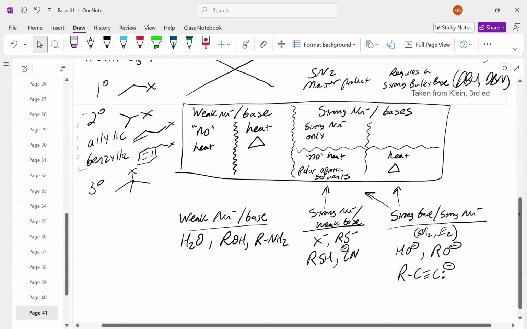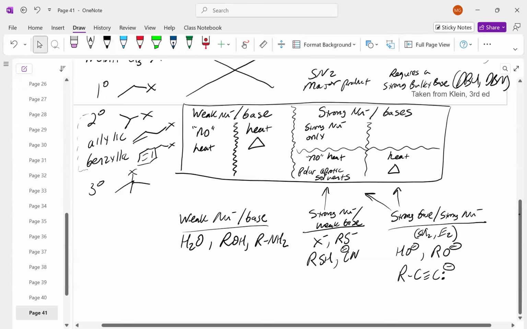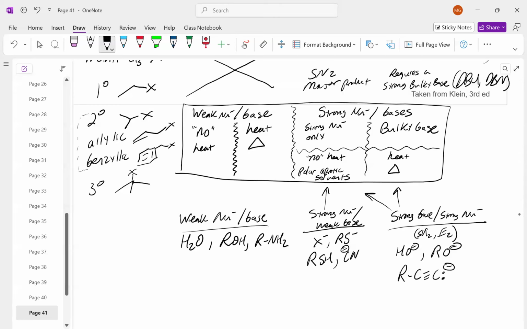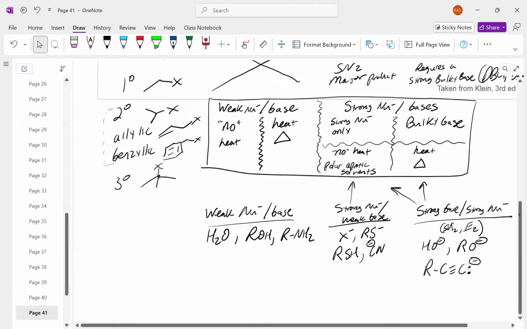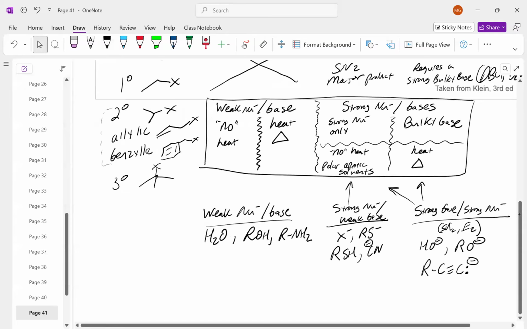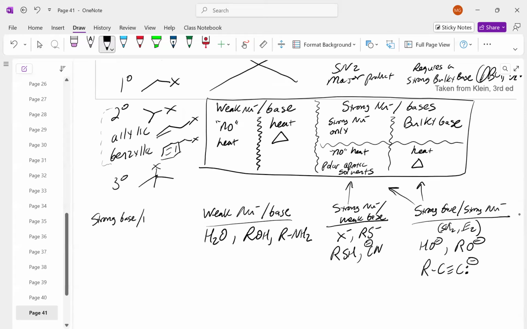Now, one of the ways I can definitely influence a majority of E2 is to use a bulky base. Those are things that act as strong bases, but are not nucleophiles or are very weak nucleophiles.